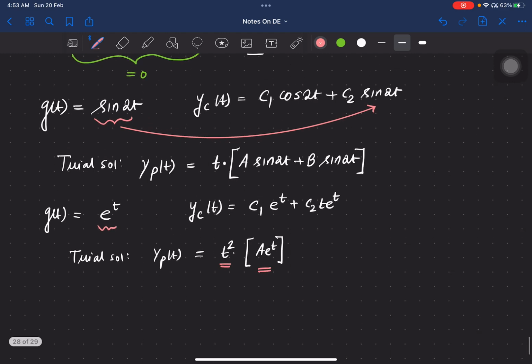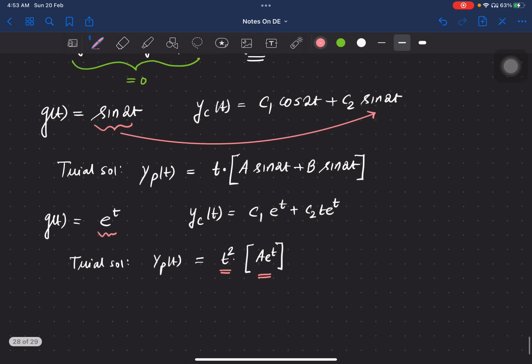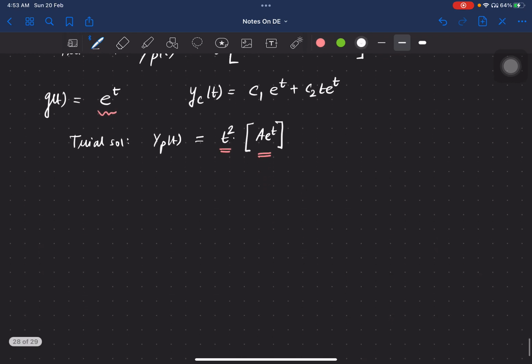Okay. So now it may also happen that g of t, from the table we saw, the possibilities for g of t are e power alpha t, or some polynomial in t, or sine alpha t, cos beta t.